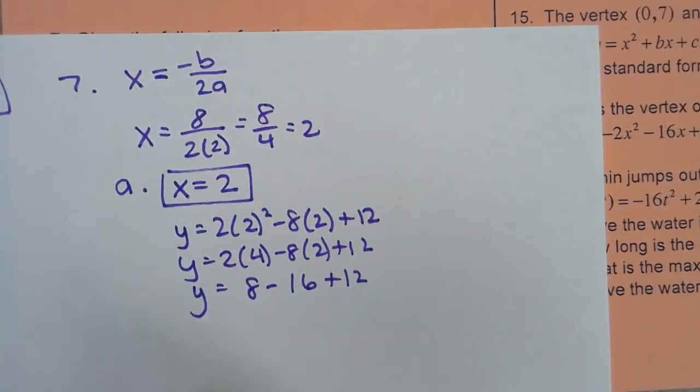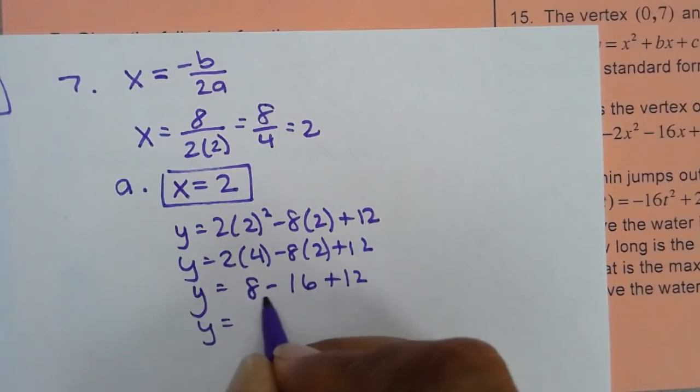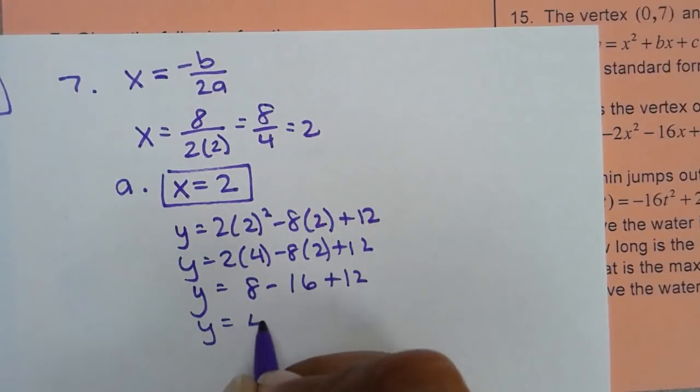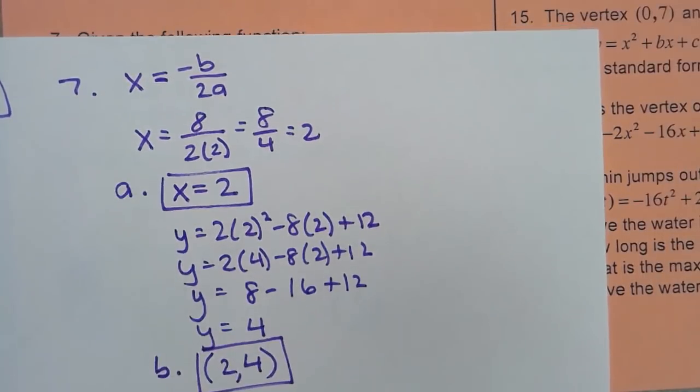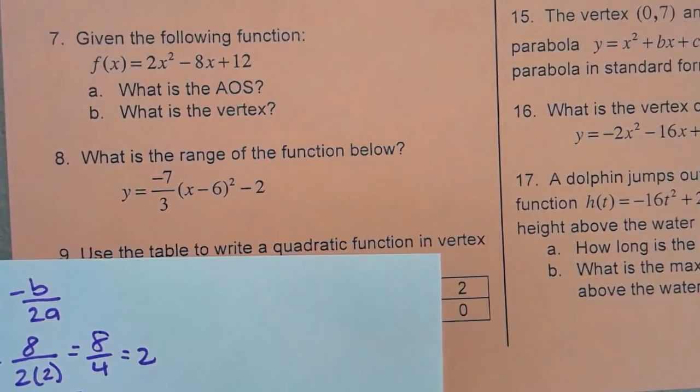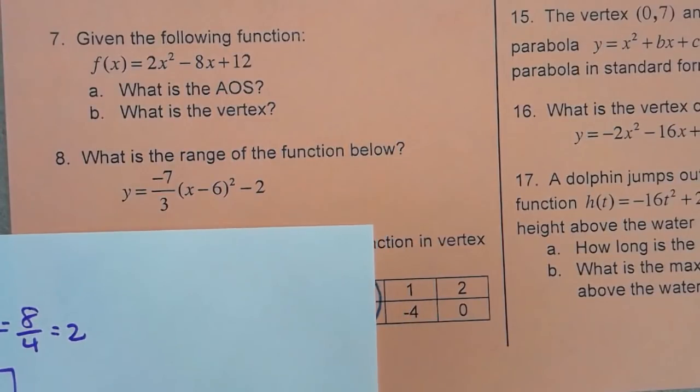And then simplifying that gets you negative 8 plus 12, which is 4. So part B, the vertex is 2 for the x value, 4 for the y. 2, 4.